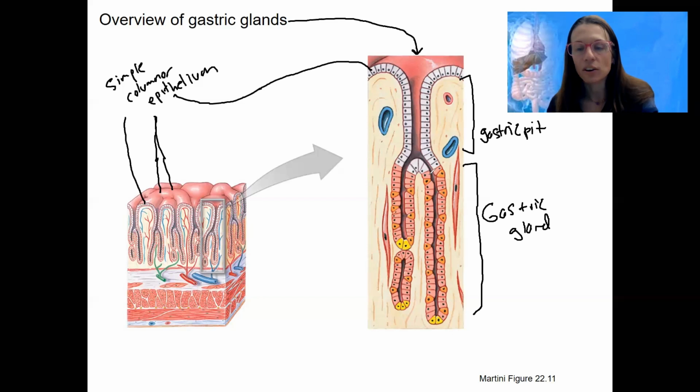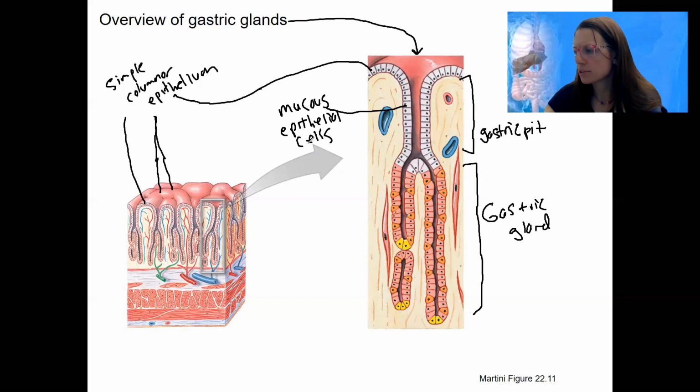We're gonna look at the cells that are in the gastric gland and pit. These are all simple columnar epithelial cells, but then they have specializations. They can do different things. Most of these look the same, but there are slightly different types. There are some along this pit here that are mucus cells, so mucus epithelial cells.